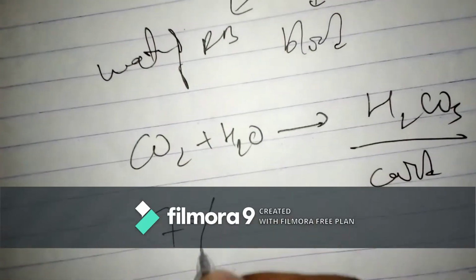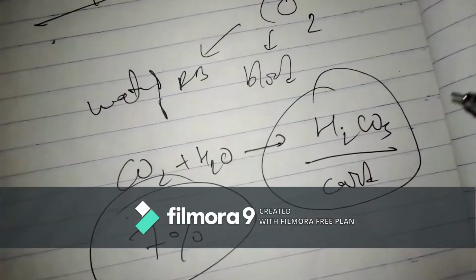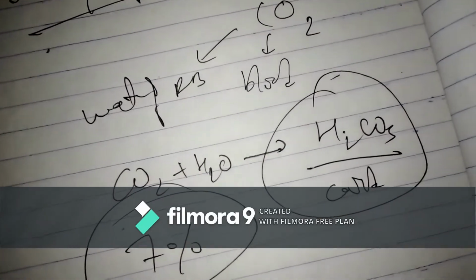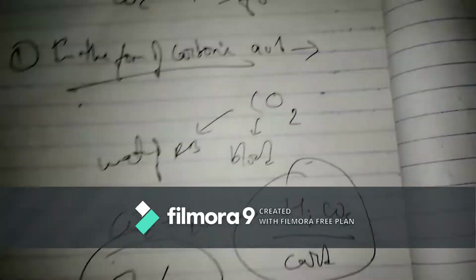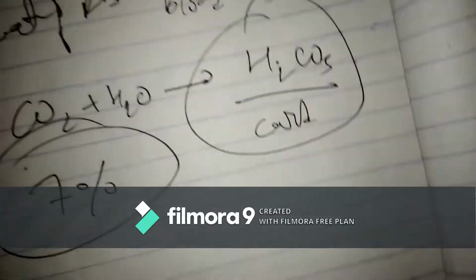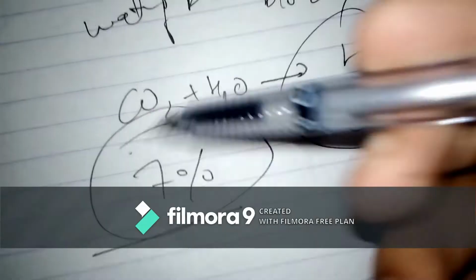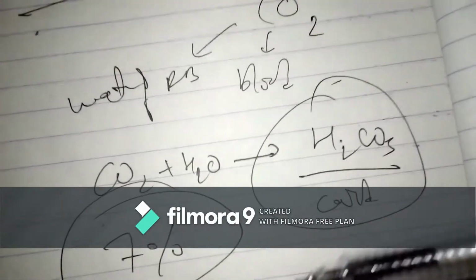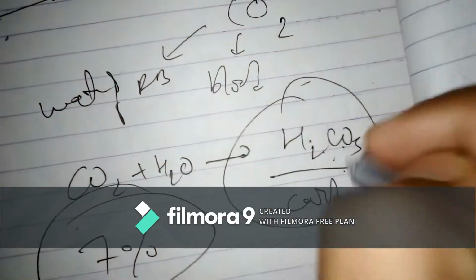About 7% of the total CO2 is carried out in the form of carbonic acid. This carbonic acid goes towards the lungs and it again gets dissociated and then it is expelled out, but this is up to the 7% we will write. It is 7% of the total CO2 which is transported towards the lungs in the form of carbonic acid.